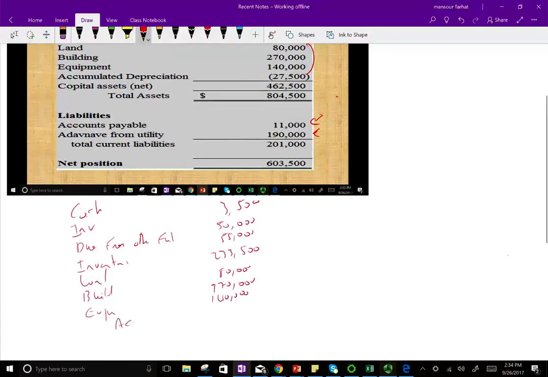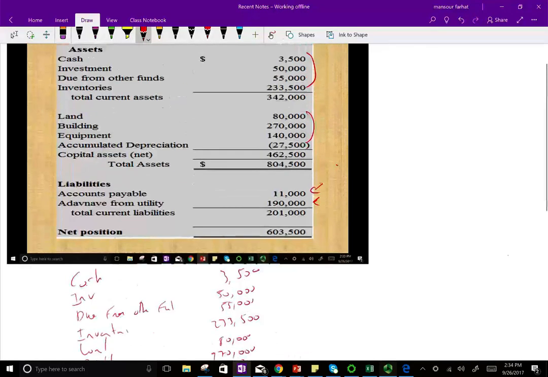Then I'm going to credit accumulated depreciation, 27,500. So I'm done with all the assets.